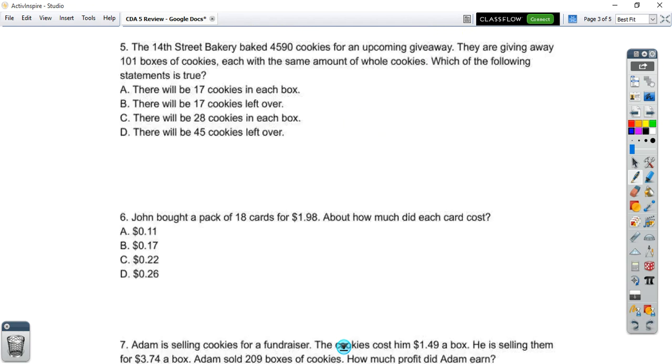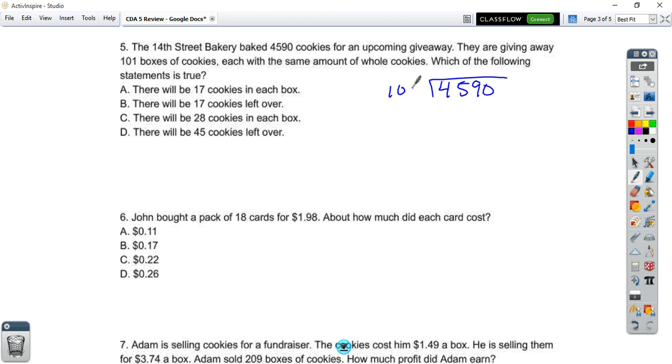Next question, 5. The 14th Street Bakery baked 4,590 cookies for a giveaway. They're giving away 101 boxes of cookies, each with the same amount of cookies. Which of the following statements is true? This is an obnoxious problem. Let's look at it. I'm going to estimate first because these are annoying. 4590 divided by 101.